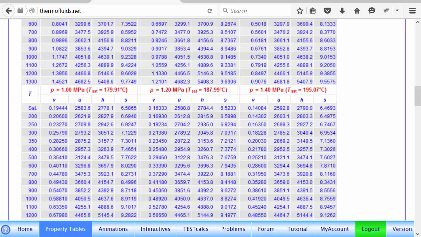Suppose the pressure supplied was 1100 kPa, which is in between the two tables. Then the interpolation is between two different tables, so you have to use your judgment. You have to bracket your answer. Suppose the temperature given is 400 degrees Celsius, then say enthalpy for 1000 kPa and enthalpy for 1200 kPa, so you can eyeball again and find an interpolated value.